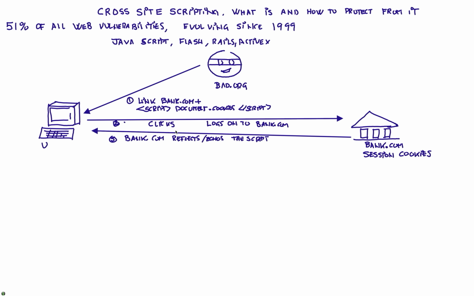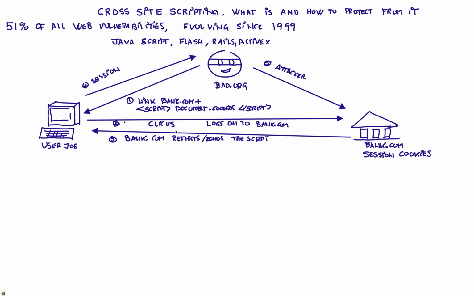So the user Joe here actually invokes the script, and he can, for example, collect those session cookies. Then what the script does is it sends the session cookies to the attacker. And obviously the attacker uses that to impersonate the user.